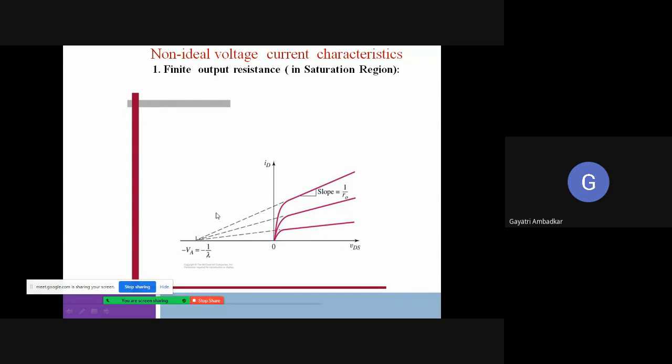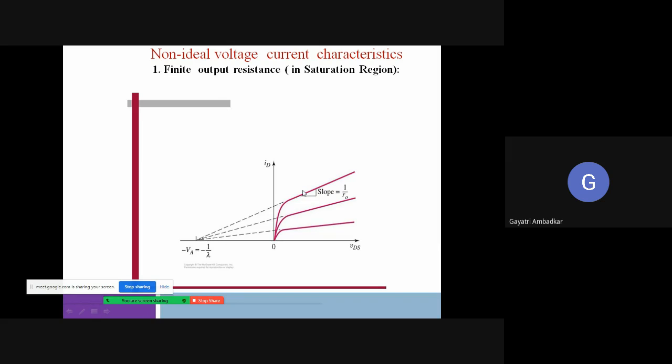You will observe that whatever horizontal lines we have shown, practically these are not horizontal, but there exists some slope. In the previous diagram, we saw that once it enters saturation, even though you change VDS, the current does not change. But practically there is some slope.